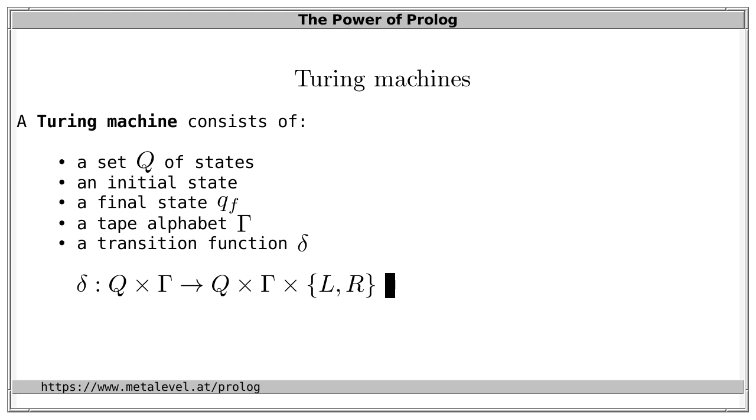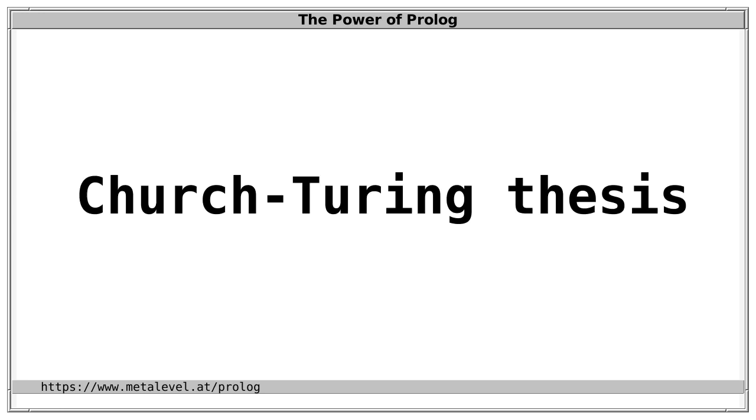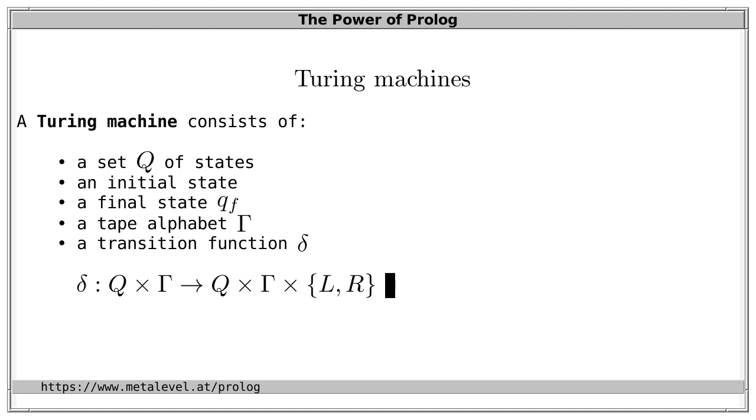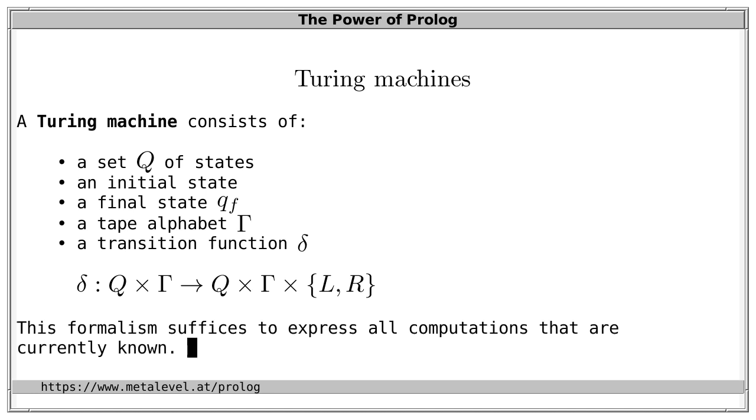And this may seem simple at first, but Turing machines are in fact very powerful. It is widely believed that every mechanical computation can be expressed with Turing machines. So this is very important from a theoretical perspective, because this formalism suffices to express all known computations.